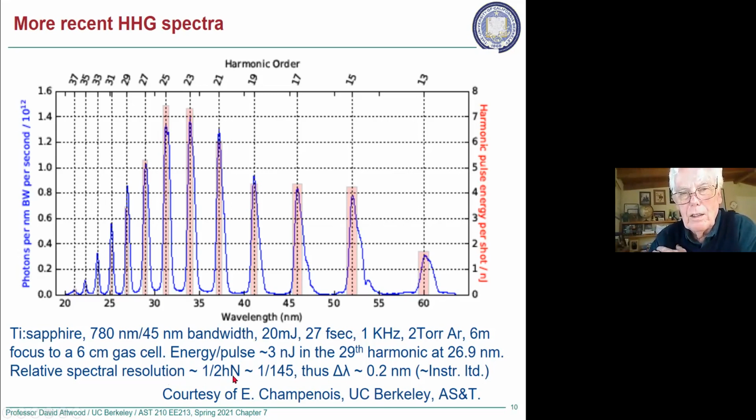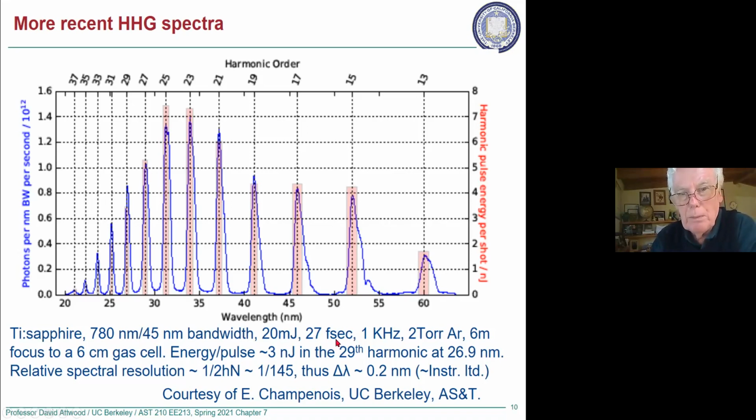This is the total number of cycles at that harmonic wavelength. Let's get this number straight. The pulse is 27 femtoseconds, and at this wavelength, 1 cycle is a little bit less than 3 femtoseconds. So this would be like 9 femtoseconds, maybe 10, so let's say it's 10 cycles.